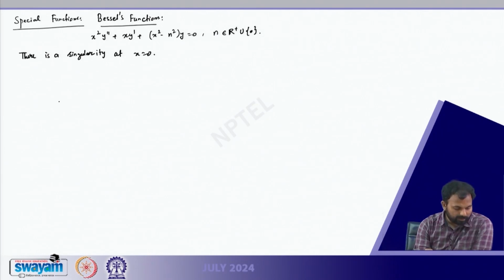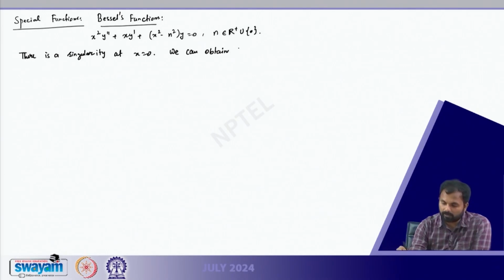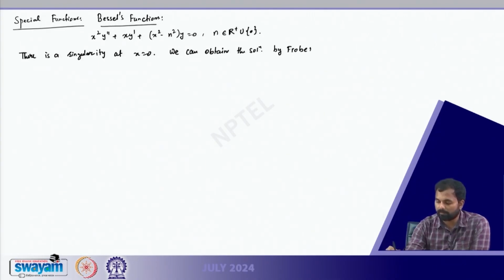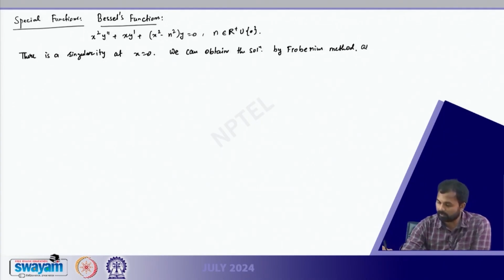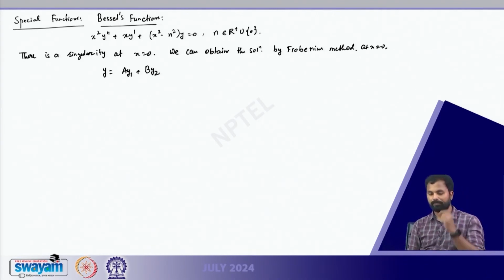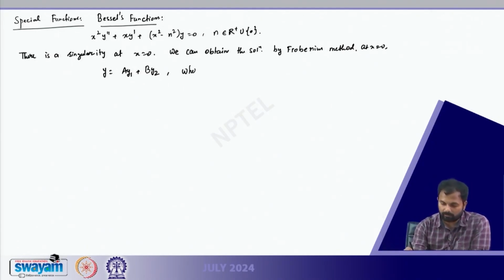In this case we can obtain the general solution by the Frobenius method at x equals 0, and this is y equals a y1 plus b y2, where a and b are constants.